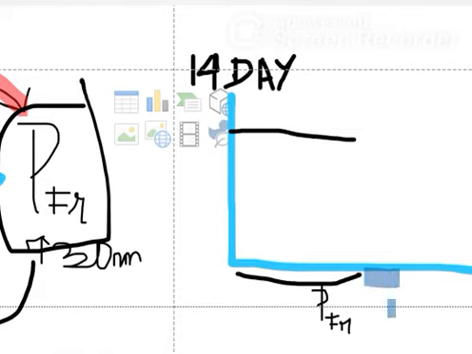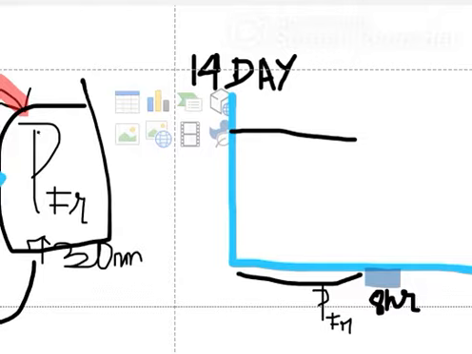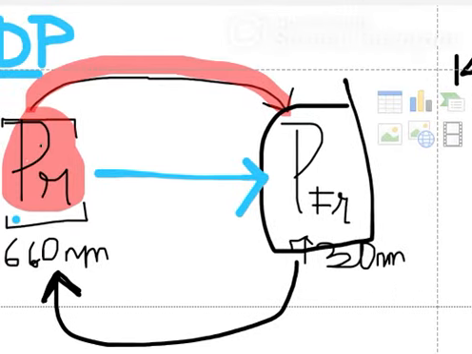This is the nighttime. So how many hours of night? There will be only 8 hours of night. Okay, so as I told you earlier, the PFR form gets converted into PR form at night, by slow decaying.